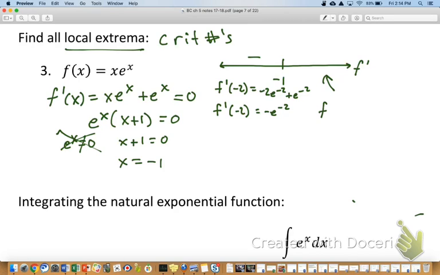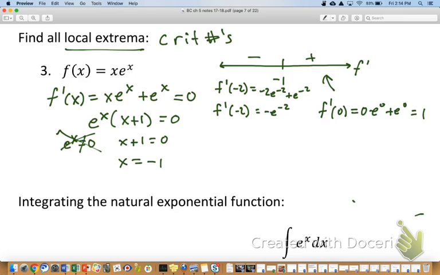So if I plug in a 0, I get f prime of 0 equals 0 times e to the 0 plus e to the 0, which is equal to 0 plus 1, which is 1, clearly a positive number. So you can for sure now confirm that at x equals -1, we do have a local extrema.